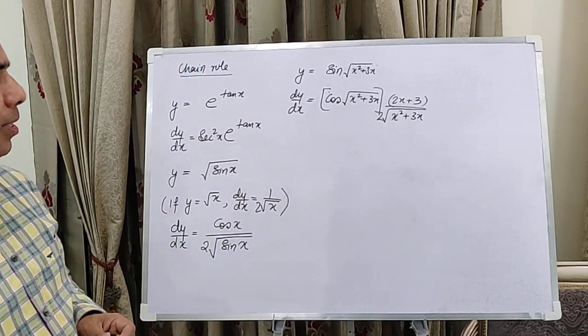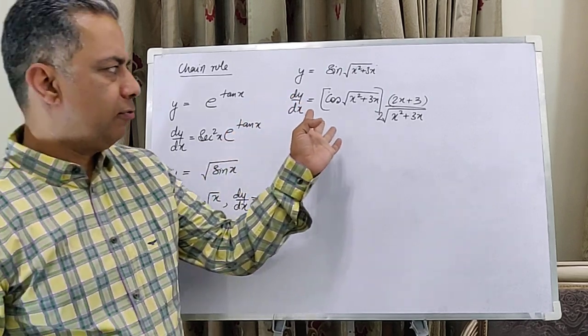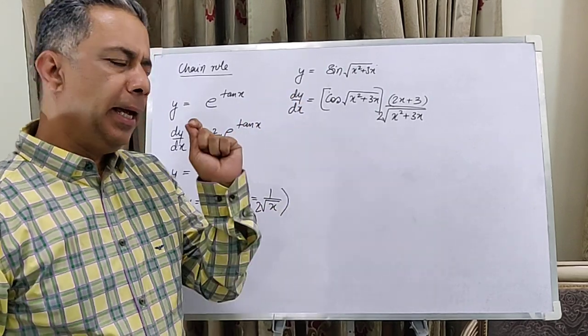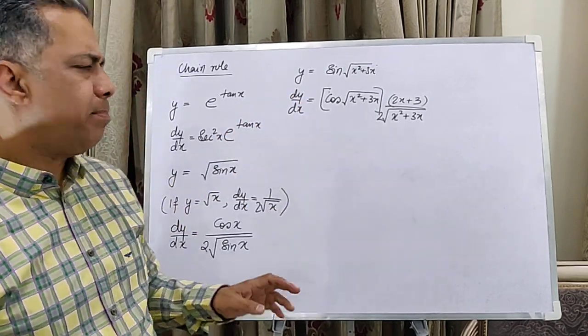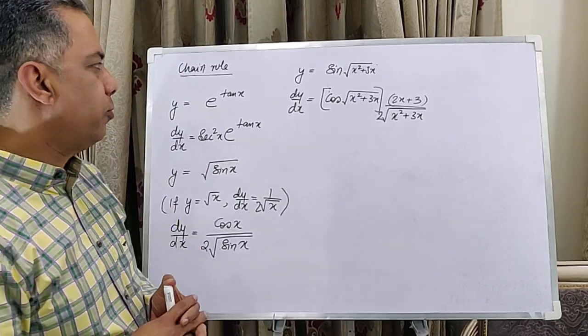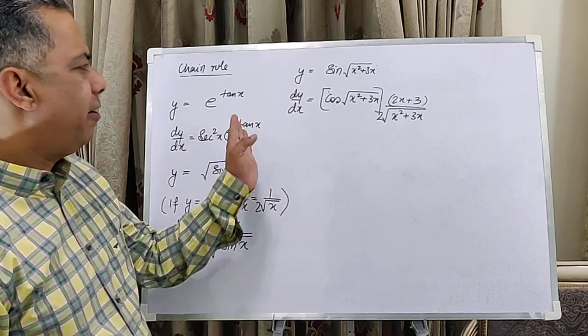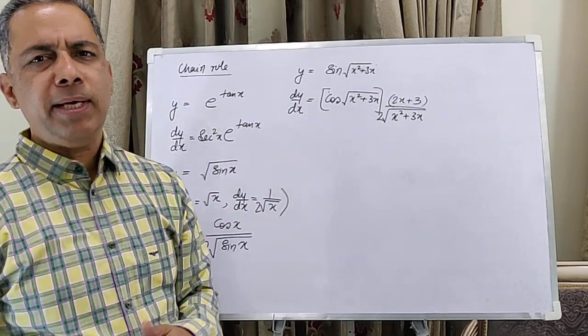So these are some examples on what we call the chain rule, and I'm sure with these examples you should be fairly clear now as to when and how to apply this chain rule. I've told you the quick method of doing it.